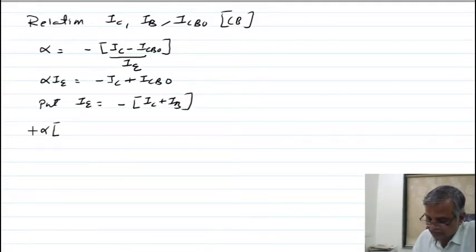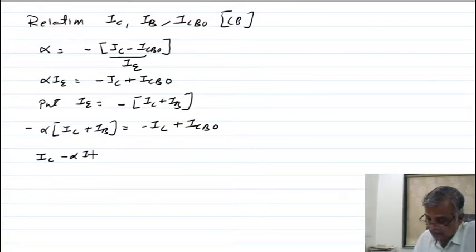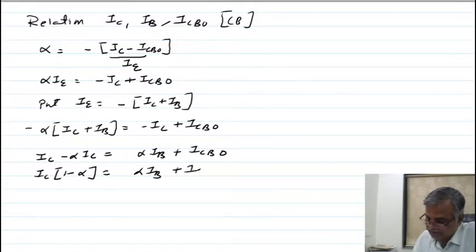So alpha times minus (IC plus IB) is equal to minus IC plus ICBO. So I can write IC minus alpha IC is equal to alpha IB plus ICBO. IC is common, so IC times (1 minus alpha) is equal to alpha IB plus ICBO.